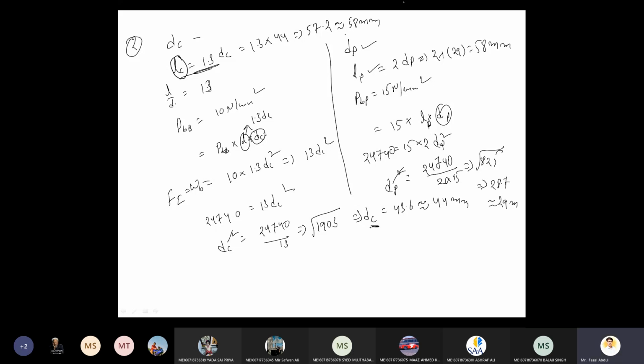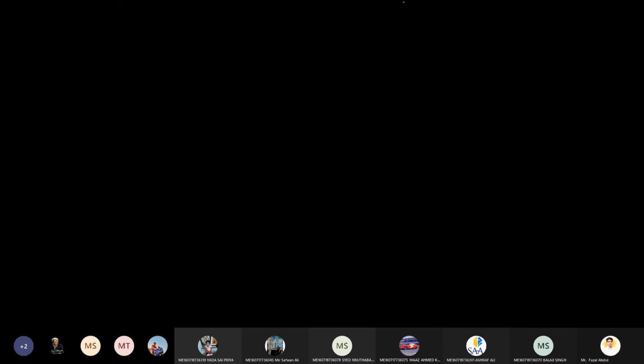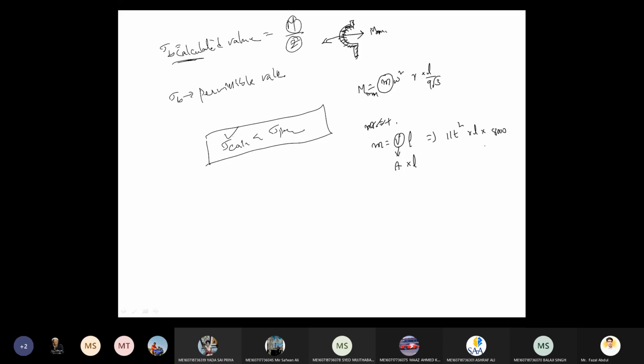So 58. So with this relation, we'll get the t value also we calculated. The t value is 0.007 square. So this is the calculation for the m value.